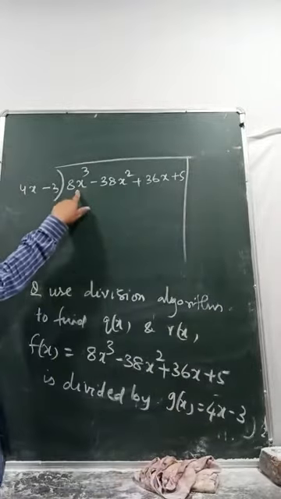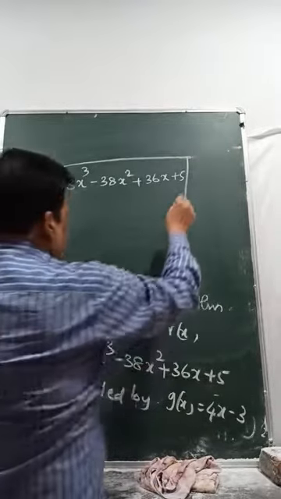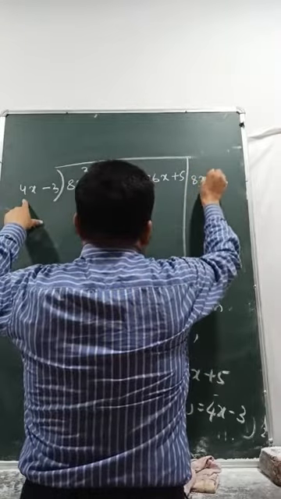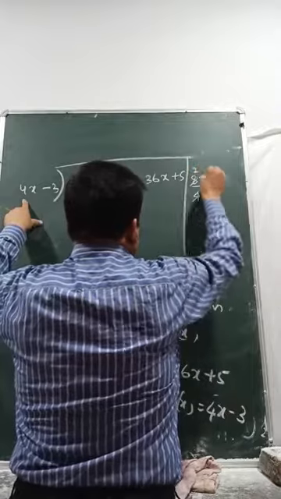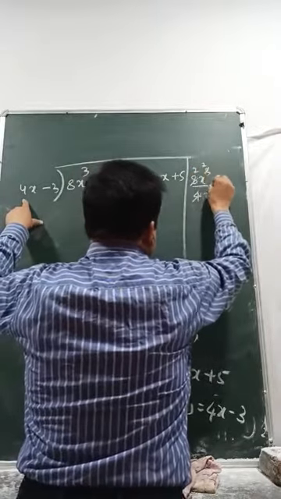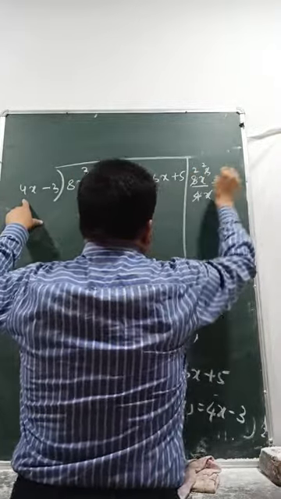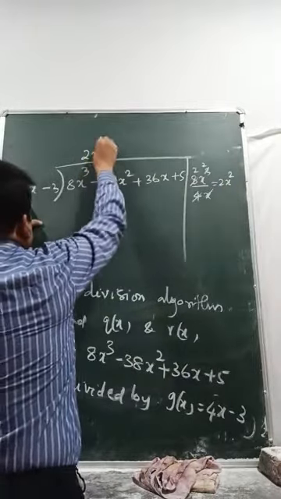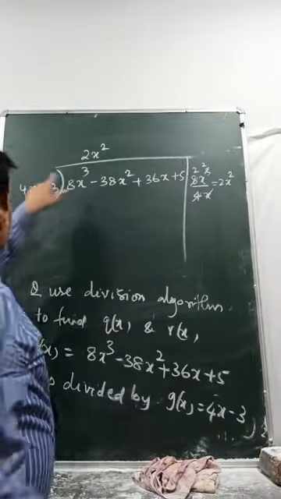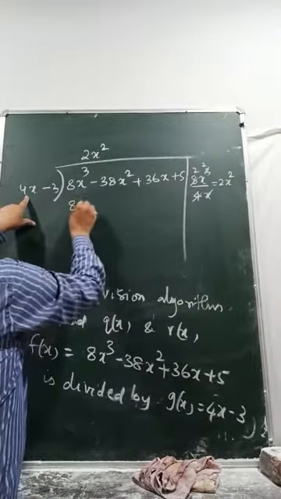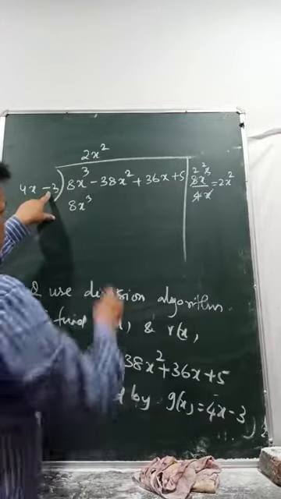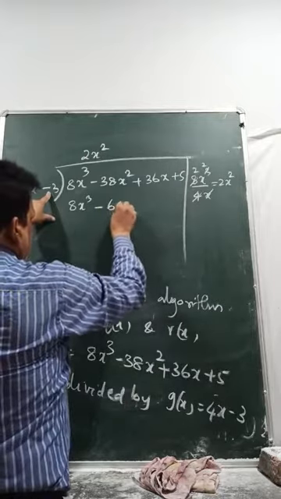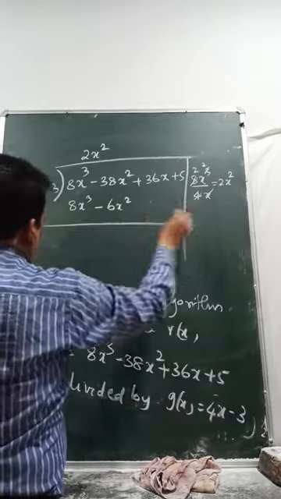Divide the first term by first term. 8x cube divided by 4x is 2x square. So I put here 2x square. 2x square into 4x, 8x cube. 2x square into minus 3, so minus 6x square.